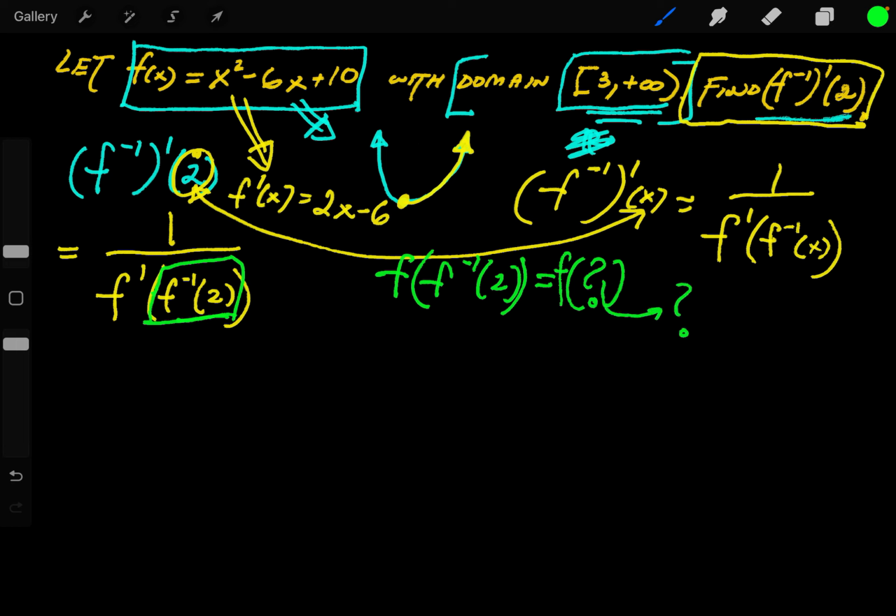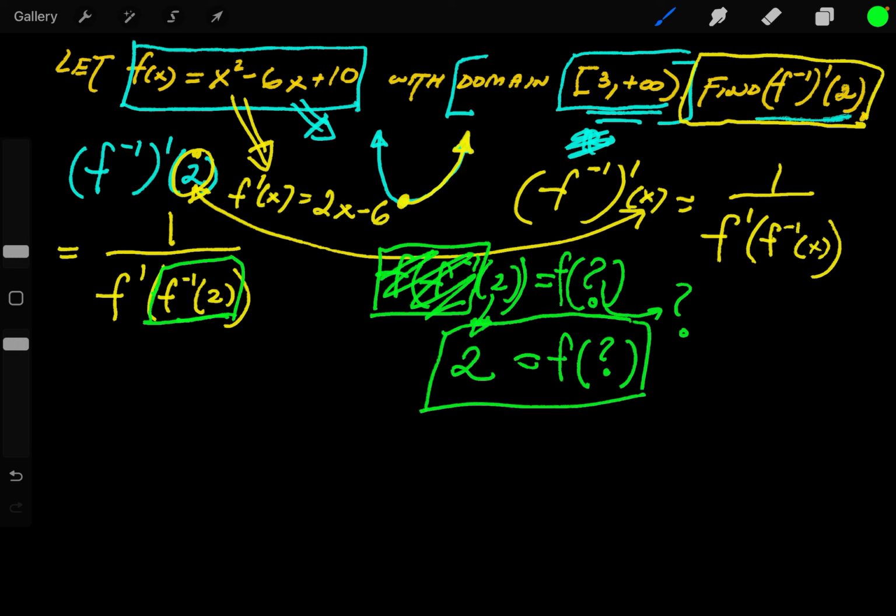I want to know what this value is. So it's f of what value? And that is f of f inverse of 2. Well, they undo one another, and the 2 just drops out. And now this is the question that will allow me to get the question mark, because it's saying f of what value is 2.